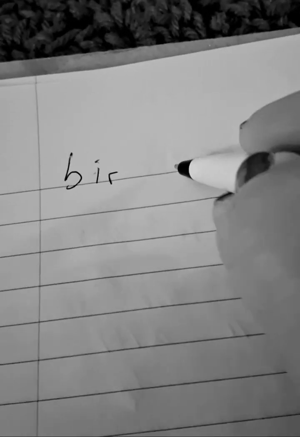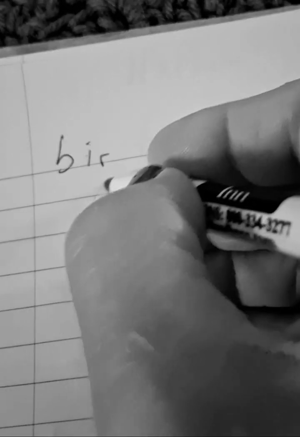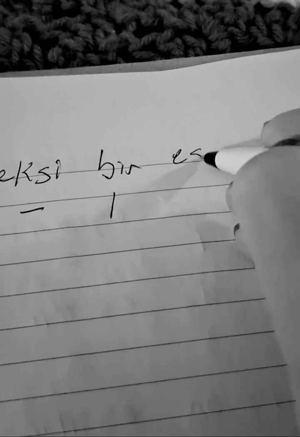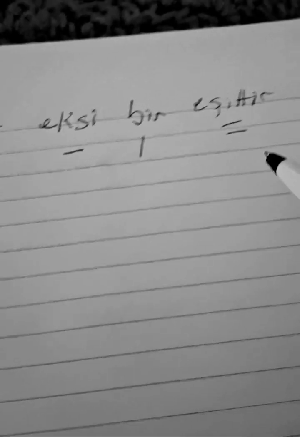And to say subtract, we're going to say eksi. 1 minus bir, 1 eşittir sıfır. Bir eksi bir eşittir sıfır. 1 minus 1 is 0.